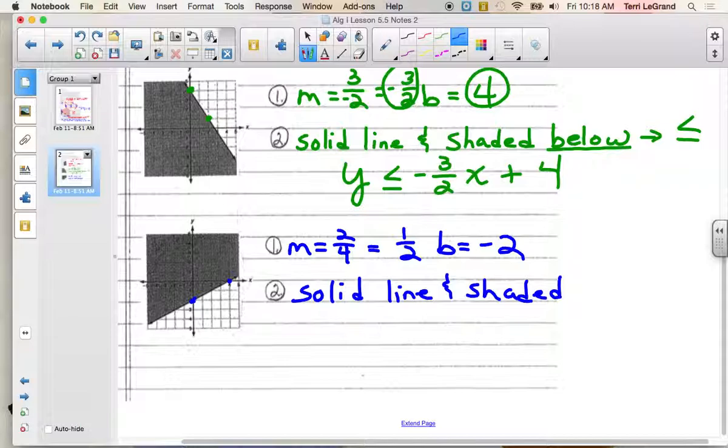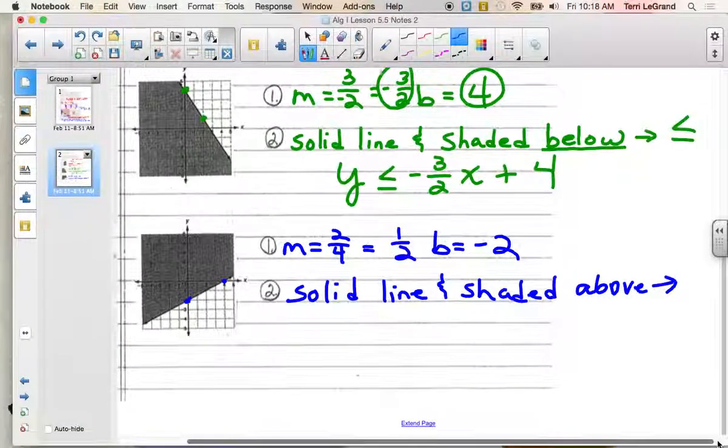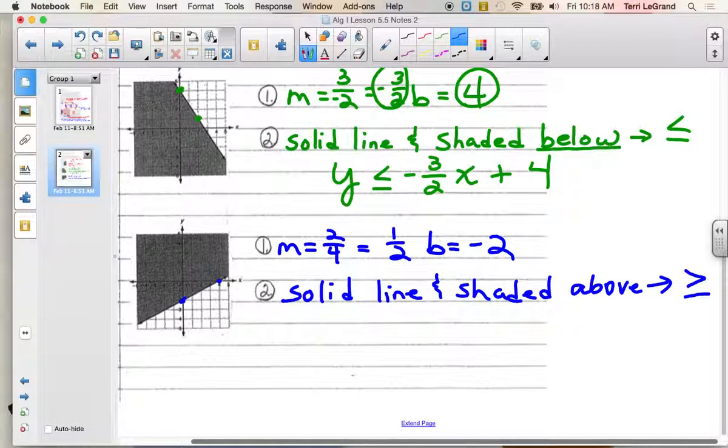This time it's shaded above. So what kind of inequality symbol would that be, Abby? Greater than or equal to.